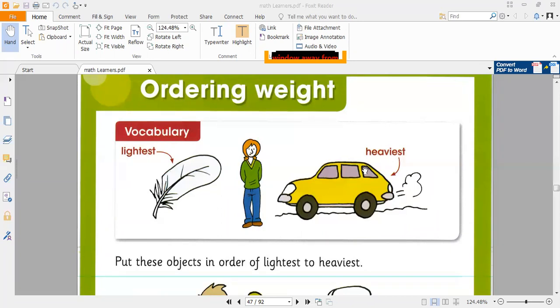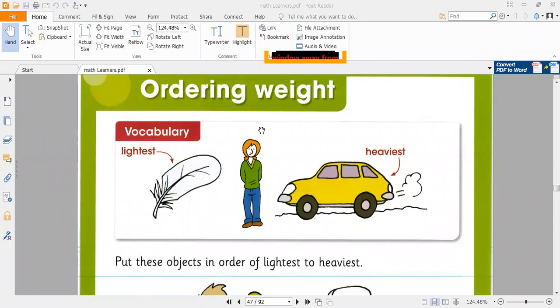Heaviest. What is the word? Heaviest means nothing is more heavy than a car. In English, we have studied that when we compare two things, in the end of the word we write ER.